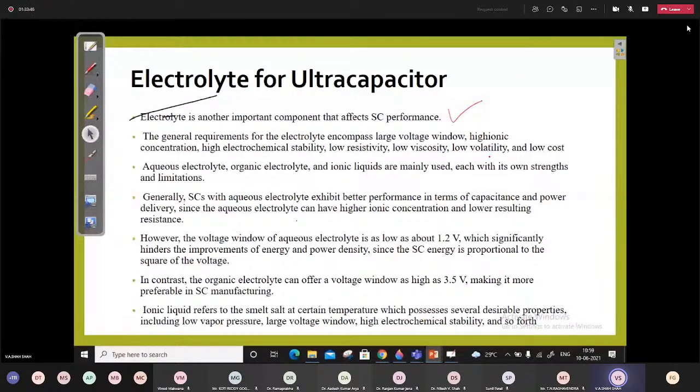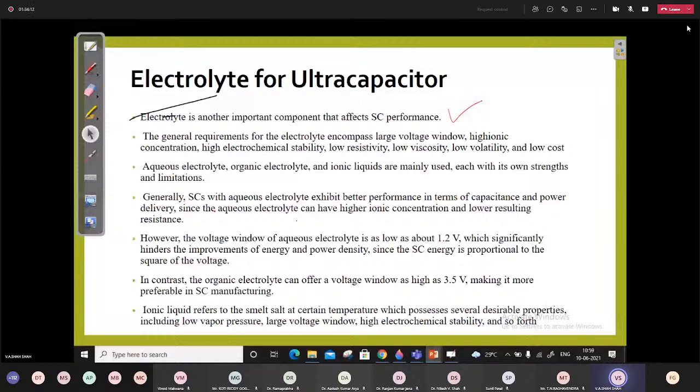Generally, supercapacitors with aqueous electrolytes exhibit better performance in terms of capacitance and power delivery, since aqueous electrolytes can have a higher ionic concentration and low resistance. But the voltage window is very low, about 1.2 volt. And that is the reason why the SC stored energy capacity is reduced, because the voltage is low.